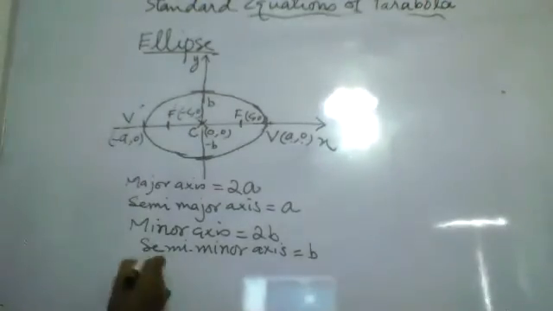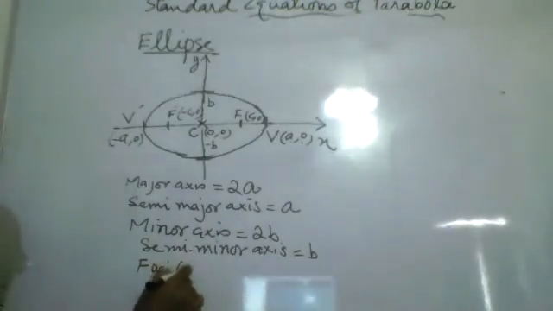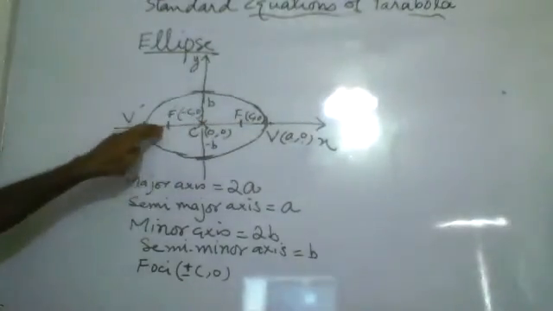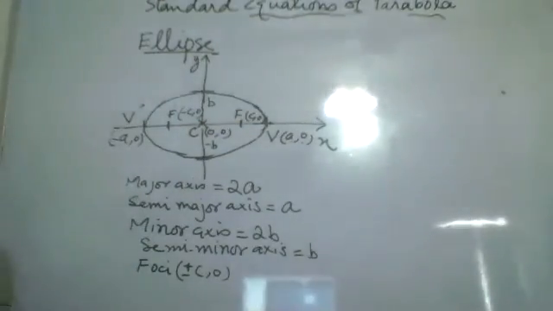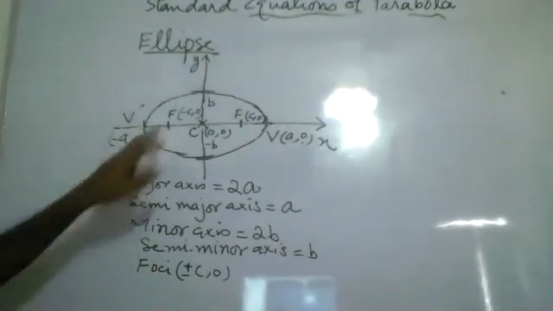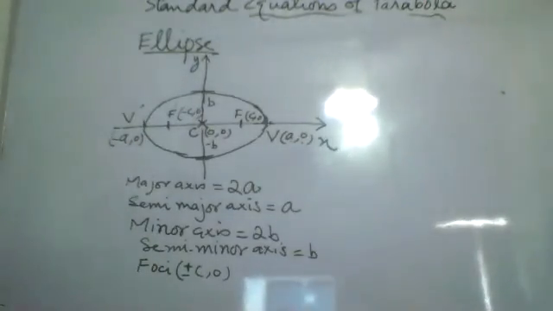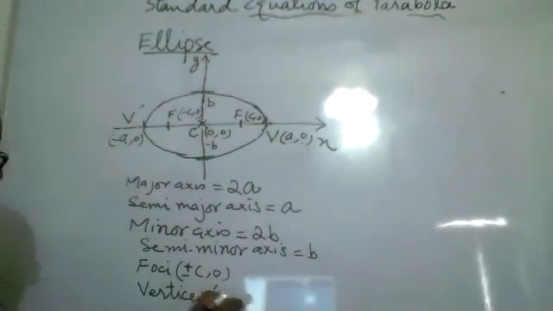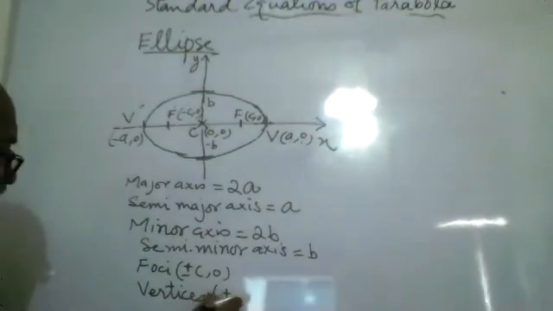Foci are plus minus c comma 0. One will be plus c comma 0, one will be minus c comma 0. Foci is the plural of focus, as well as vertices are the plural of vertex, and the vertices are plus minus a comma 0.